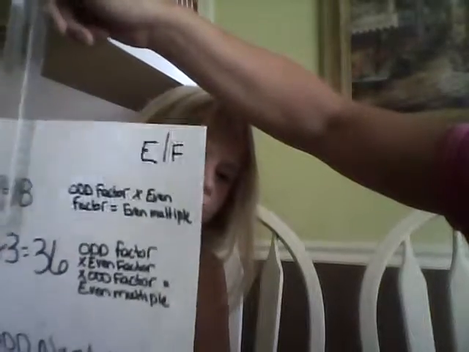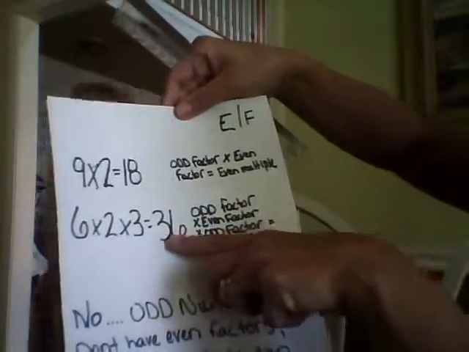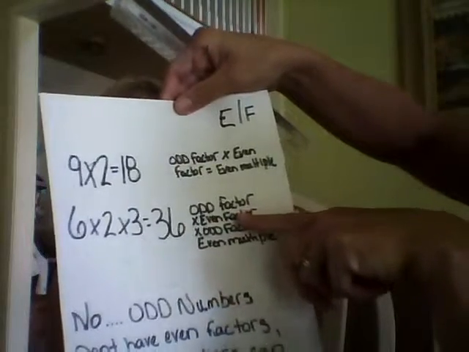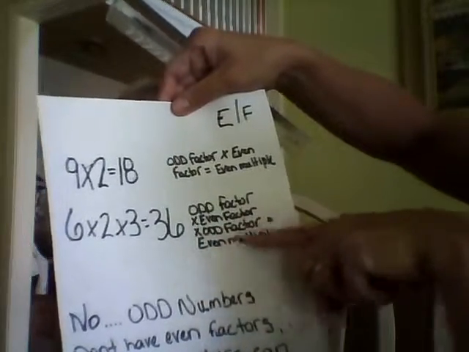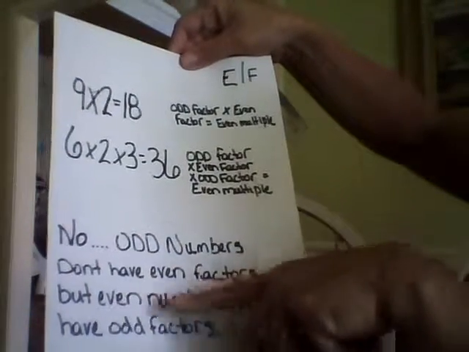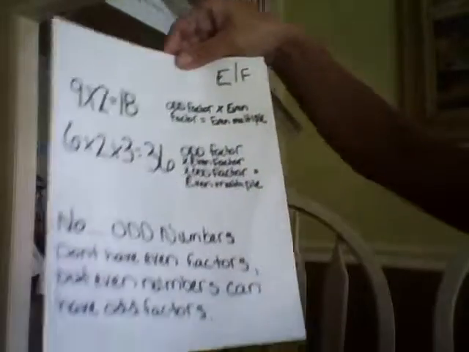Then 6 times 2 times 3 is 36, where I used an odd factor times an even factor times an odd factor and got an even multiple. So no, odd numbers don't have even factors, but even numbers can have odd factors. Those are the examples I gave to make that conclusion.